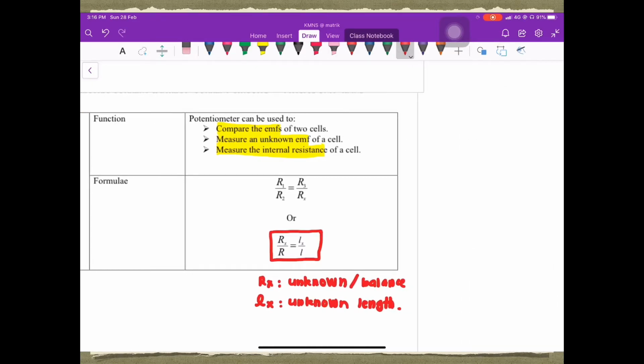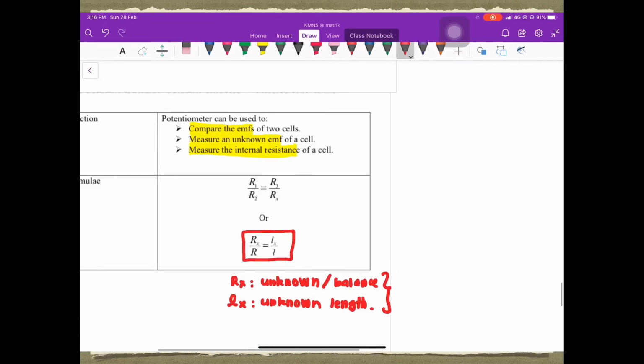The balance condition can be achieved when the galvanometer G gives a 0 volt reading.